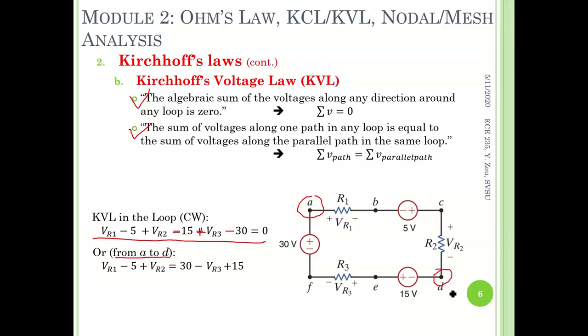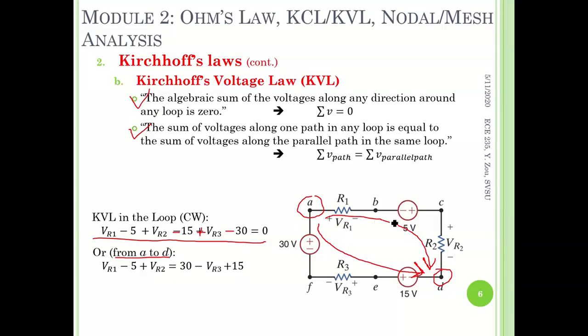The so-called two parallel paths mean going from A to D this way, or from A to D this way. These two are parallel paths, and let's see how to write the equation.